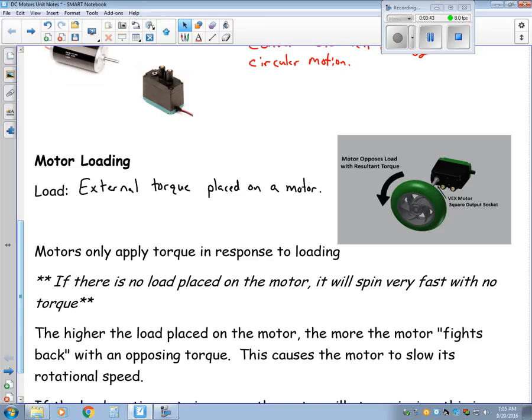To visualize load, what you can think about is if you put a wheel on a motor and let it run, and then you grab a hold of the wheel, you'll hear that motor get a little louder and try to work against you. When you're physically slowing down that wheel, you are putting in a greater external load, or a greater external torque onto that motor.